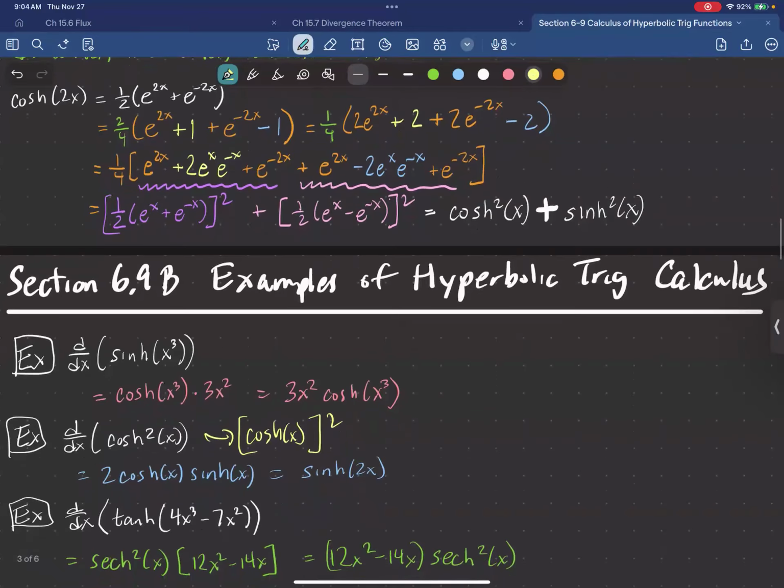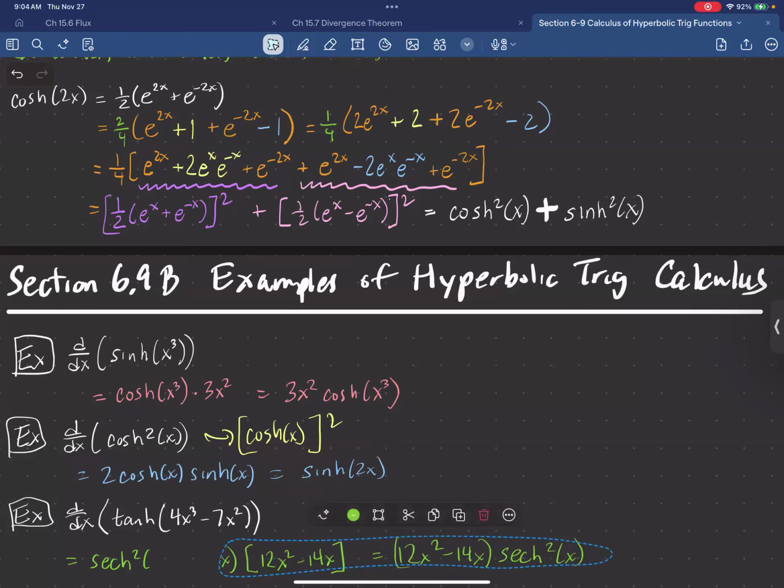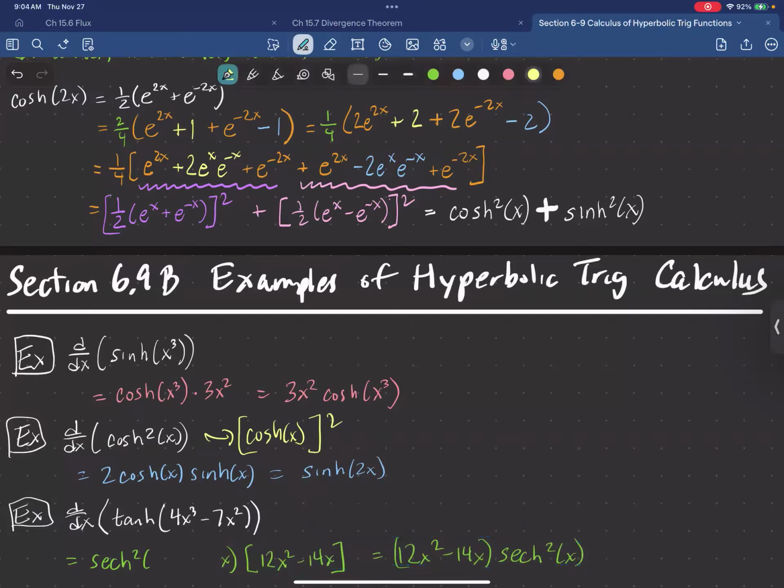Then we got to, oh shoot, look at this. Mistake. Let's fix this live. The inside doesn't change when you take the derivative.